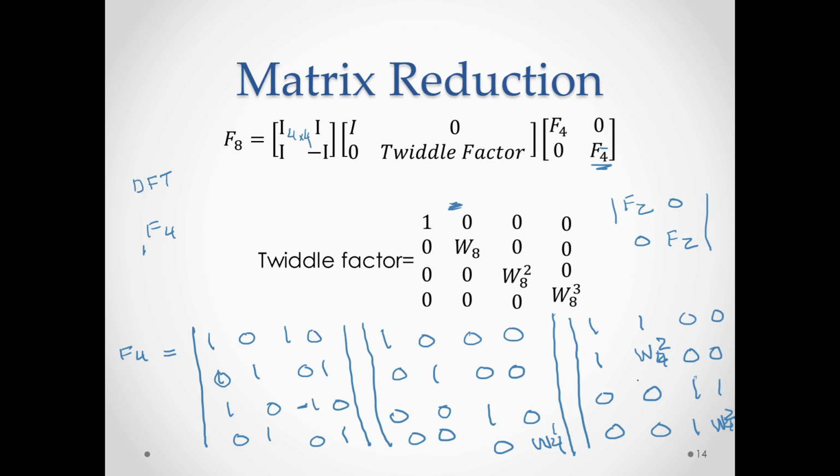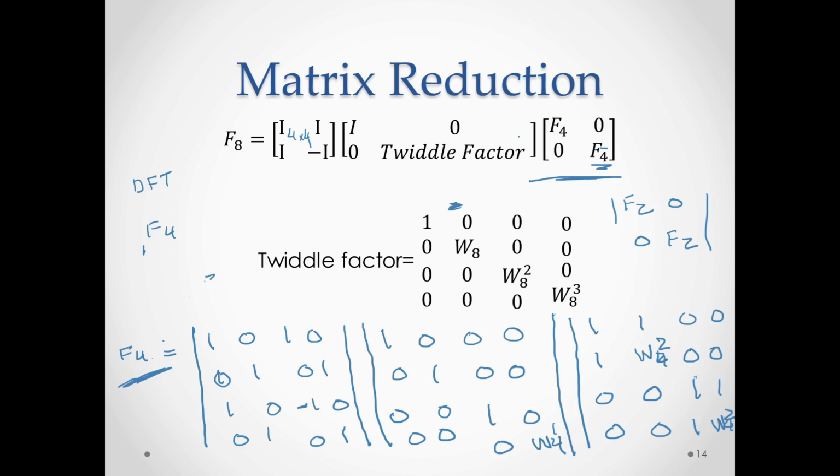Now to calculate F of 8, our identity matrix would be of 4 cross 4 length, whereas the F4 term would be calculated again using this matrix.